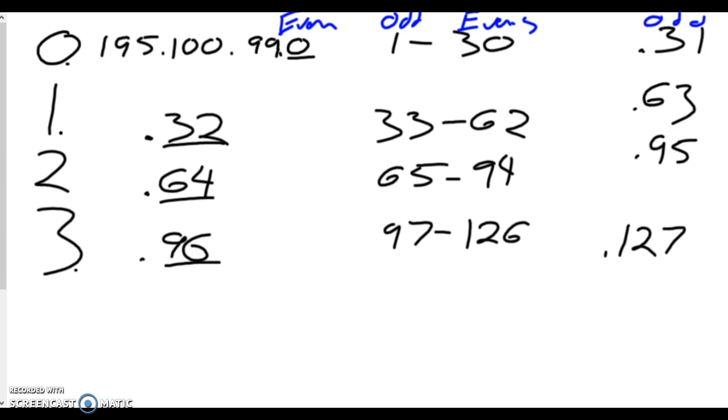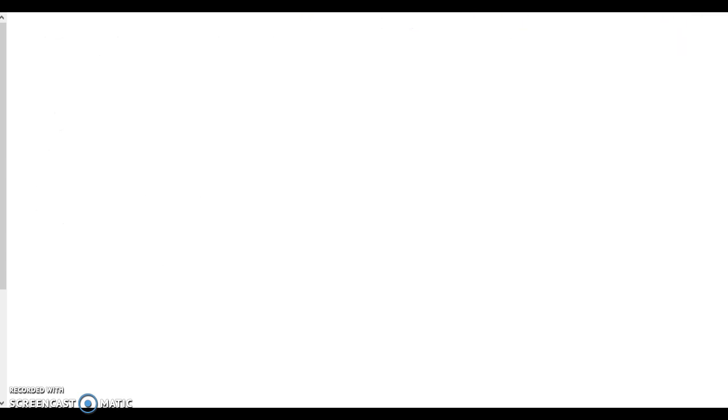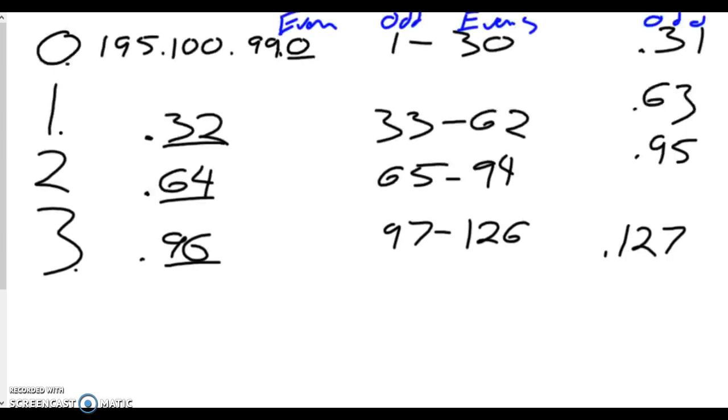Going to the next part, I believe I give you an IP address. Let me copy an IP address on the board real quick. Okay, that one will work. Let's go to our new page.